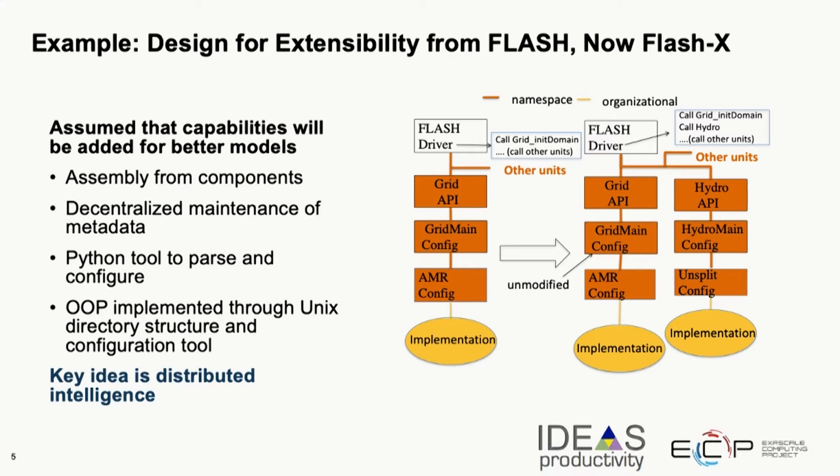The changes that need to happen to the code are that the driver in Flash, which now in addition to calling grid related functions, calls hydro, and there is nothing else. The configuration file of grid itself remains unmodified. All that happens is that the Flash driver becomes aware of an additional unit that it just needs to call.